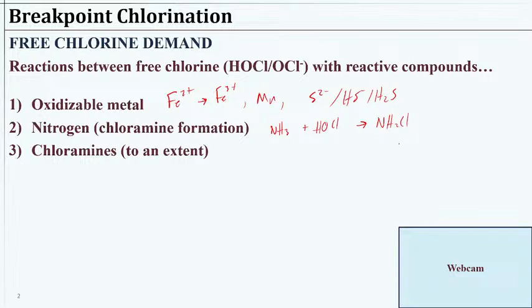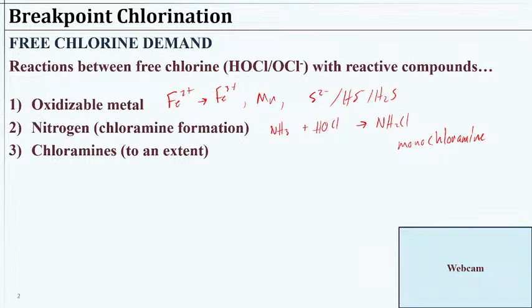We would call that monochloramine because there's one chlorine group there. So it's kind of a hybrid between the reactive chlorine and ammonia, right? It's actually a lot like looking at trihalomethanes, except we're dealing with a nitrogen instead of a carbon.